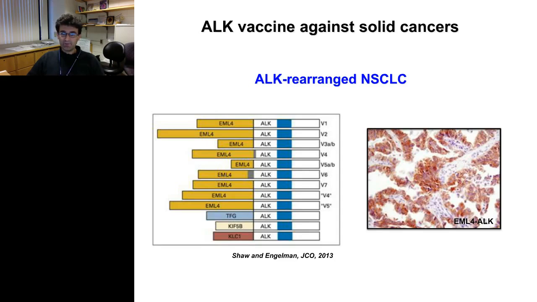There are very, very few amino acid changes. Even if you study different types of translocation, like TFG-ALK or other rarer types, again the ALK portion is exactly the same in all lung cancer patients, and exactly the same as in the lymphoma patients that we just showed before.